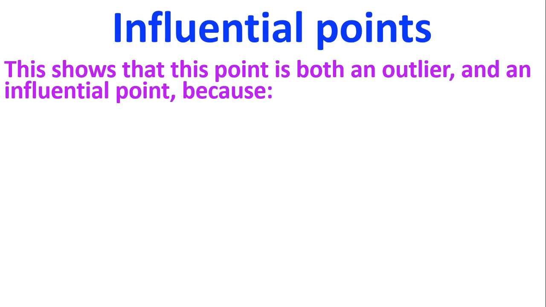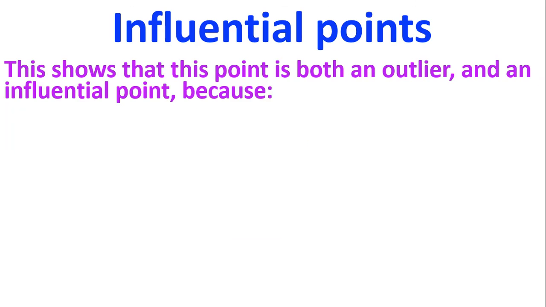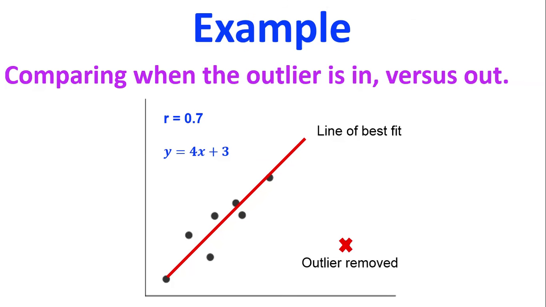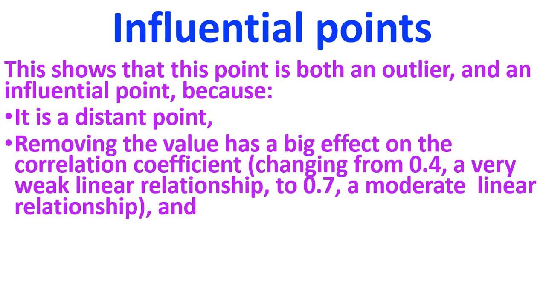So this shows that the outlier that we removed is an outlier, and that point is also influential. It's an outlier because it's a distant point. Okay, it's not necessarily an extreme x or extreme y value. It's just distant. Removing that value has a very big effect on the correlation coefficient.